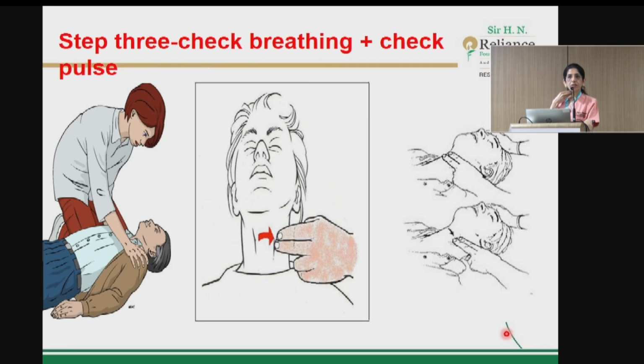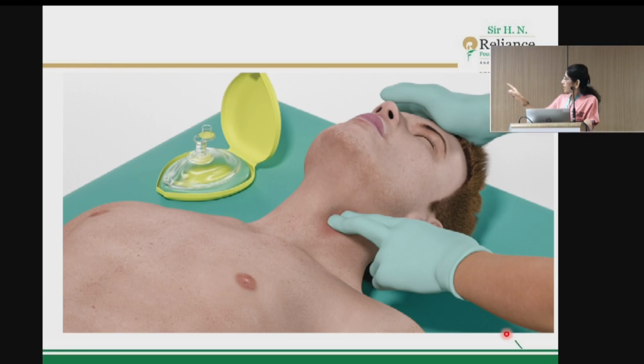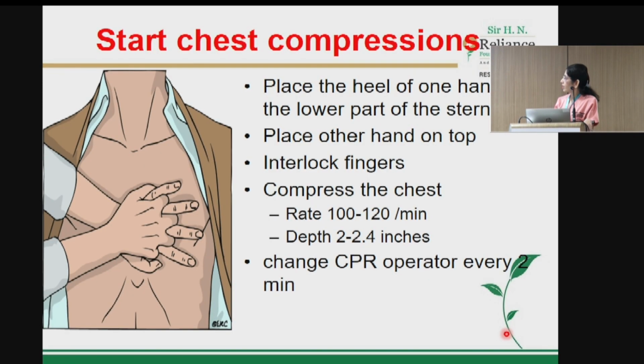Go from the center to the side, to the groove between the sternocleidomastoid and trachea, and palpate for the carotid pulse. Simultaneously also check for breathing. If there is no breathing, no chest rise, the abdomen is not moving, and there is no pulse, then immediately start with the compressions.